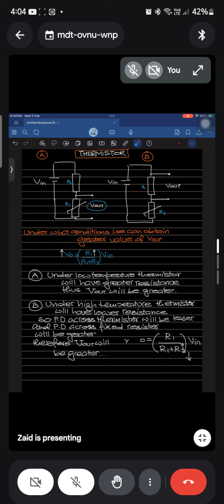Under what condition is the thermistor going to have a lower potential difference? Only when it has a lesser resistance, and it has less resistance at high temperature. So if you increase the temperature, the resistance of the thermistor is going to decrease, and it's going to produce a lesser voltage, and the fixed resistor will get a greater voltage. So the fixed resistor is going to provide the output voltage, so it's going to be bigger. Clear?